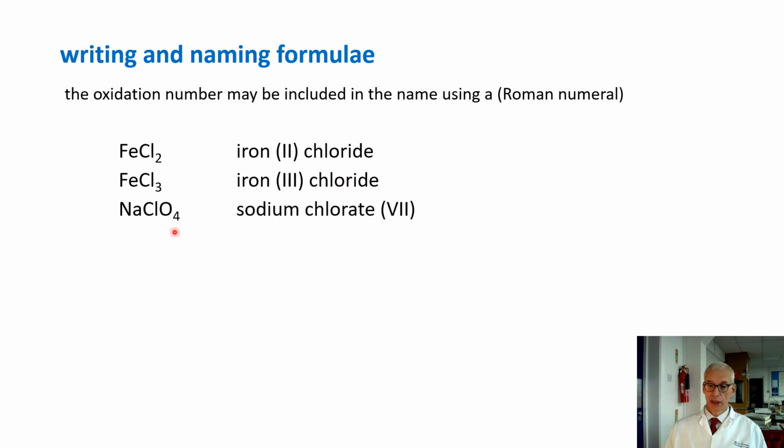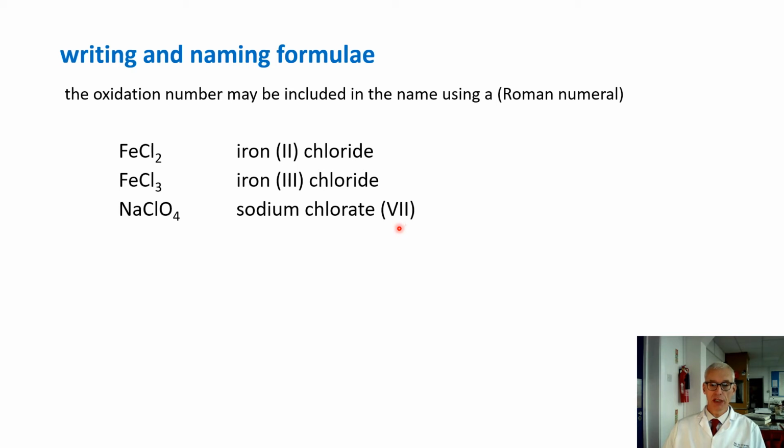Similarly, as we did on the previous slide, we assign the oxidation number 7 to chlorine in sodium chlorate. So you may not have come across the chlorate naming, so it's similar to sulfate, but this is chlorine combined with oxygen, so sodium chlorate. And then we need to identify the oxidation number of chlorine at 7.